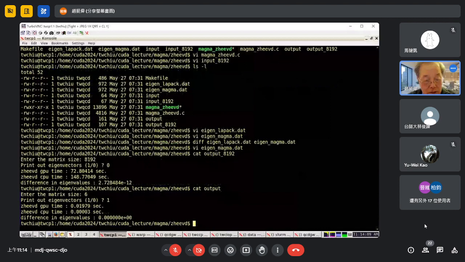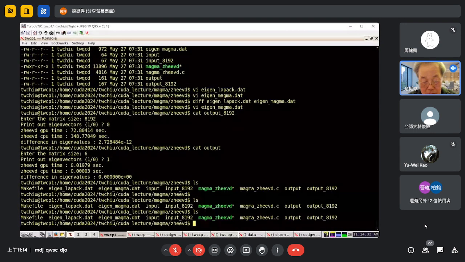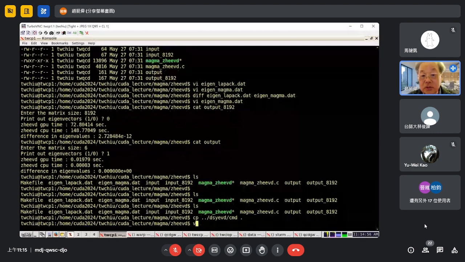But the response seems to be slow. I don't know why the terminal responds so slowly. Maybe the network, or maybe the machine is very busy compiling the library of MAGMA.